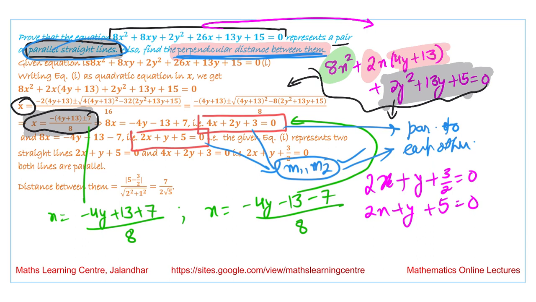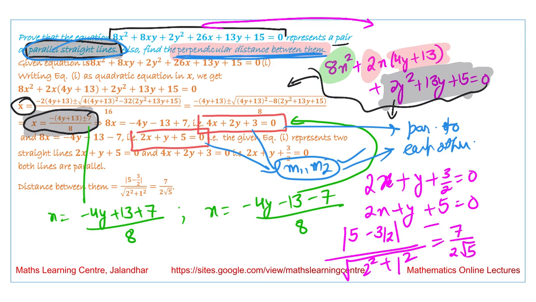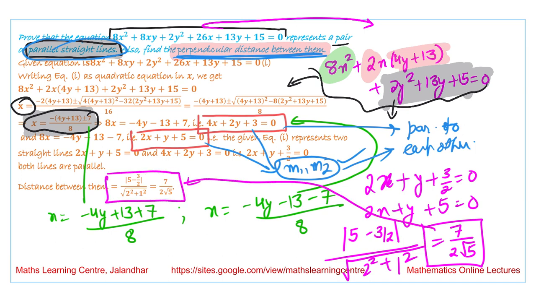The perpendicular distance between them is given by (5 minus 3 by 2) divided by square root of 2 square plus 1 square. So the answer we obtain is 7 by 2 root 5. This is the value of the perpendicular distance between the two parallel lines represented by this joint equation.